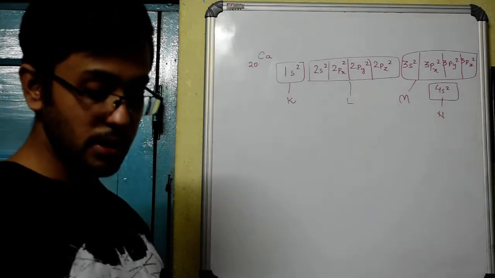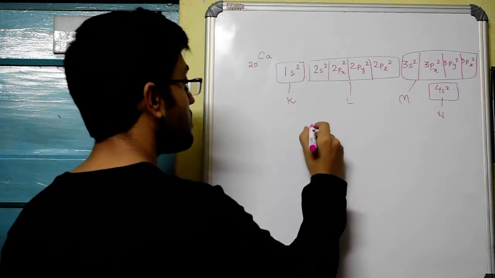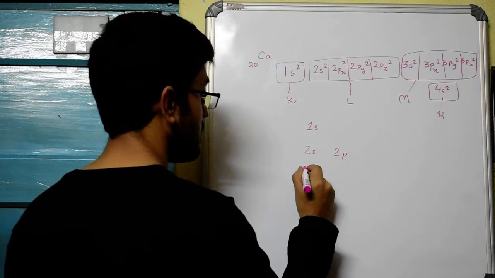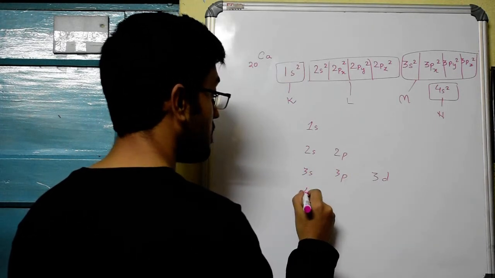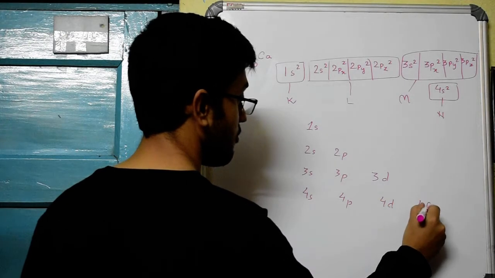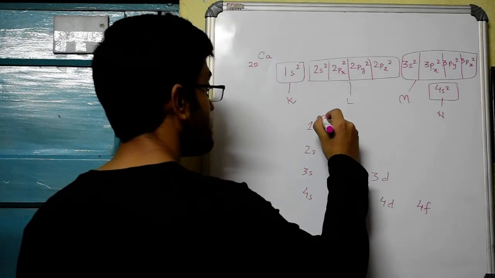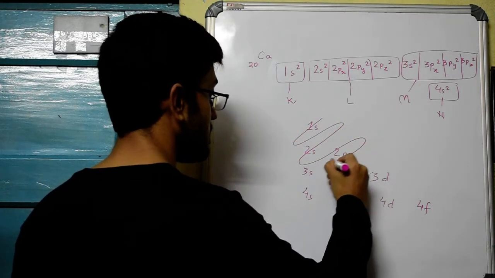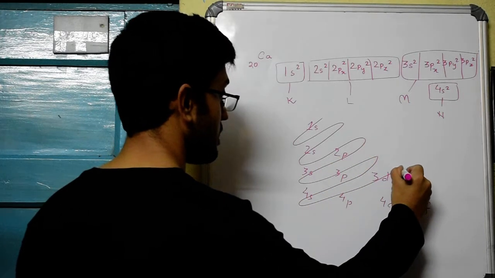But the story of the M shell doesn't end there. Actually, there are more energy levels than what you see here. There's 1s, 2s, 2p, 3s, 3p, 3d, 4s, 4p, 4d, 4f. And how does the energy change? 1s has the lowest energy, followed by 2s, then 2p, then 3s, then 3p, then 4s, then 3d.